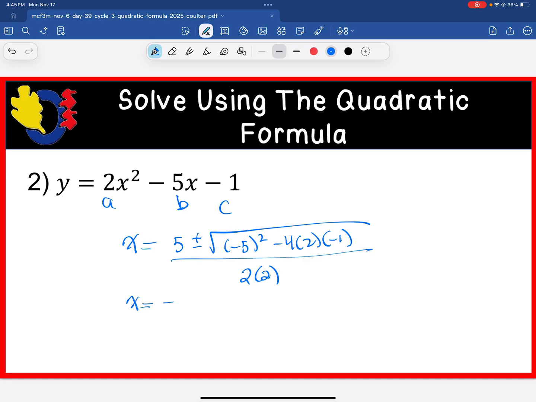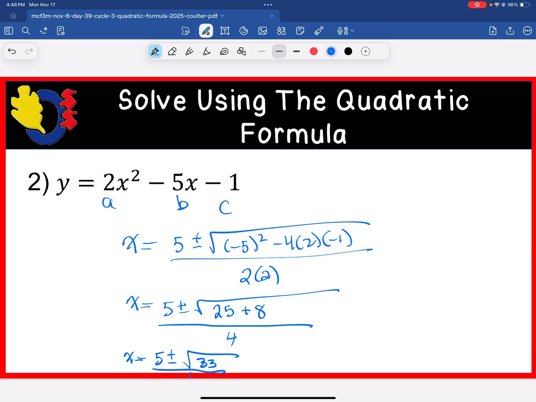So x equals 5 plus or minus the square root of 25 plus 8, so negative, and then 4 times 2 times negative 1, that's going to give me positive 8, all over 4. So x is equal to 5 plus or minus square root of 33 over 4.